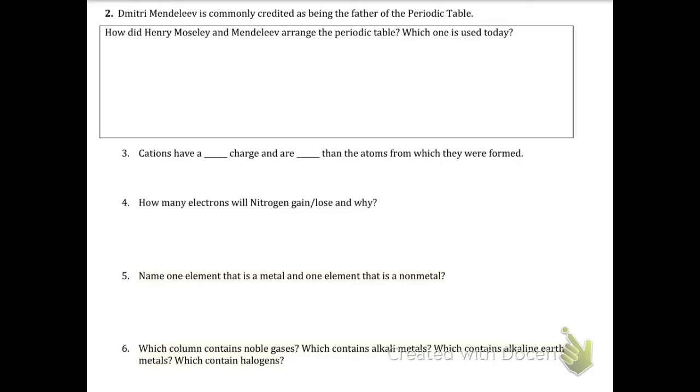Okay, Dmitri Mendeleev is commonly credited as being the father of the periodic table. How did Moseley and Mendeleev arrange the periodic table? Which one is used today? All right, so Moseley arranged it by atomic number, which is protons, and Mendeleev did it by atomic mass.